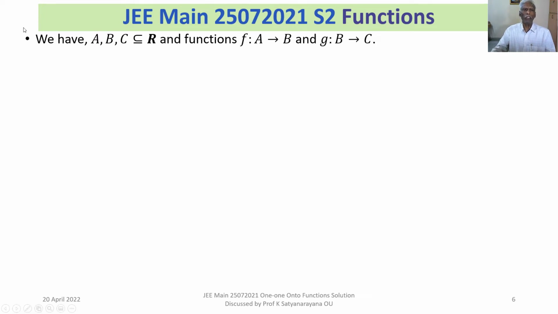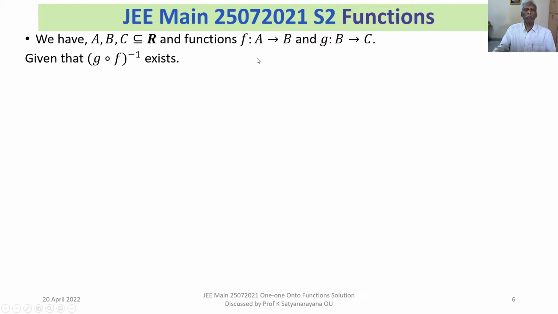We have A, B, C are subsets of the set of real numbers, and we have functions f from A to B and g from B to C. And we are given (g∘f)^(-1) exists.